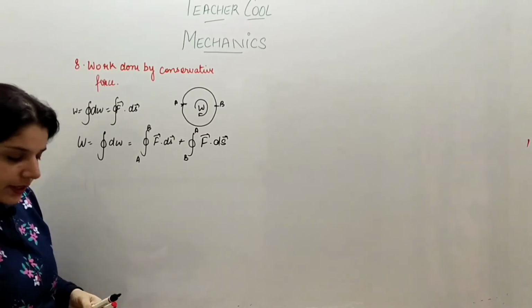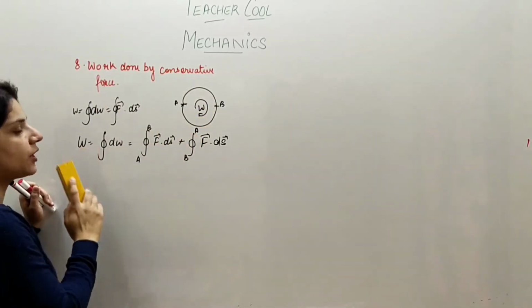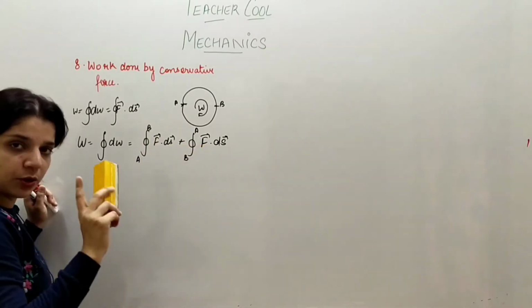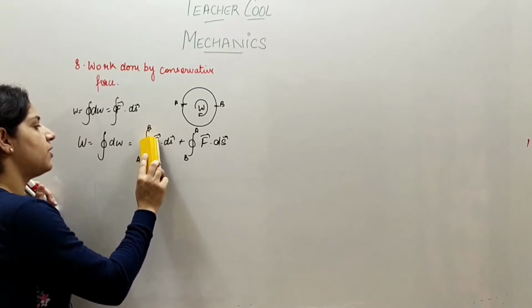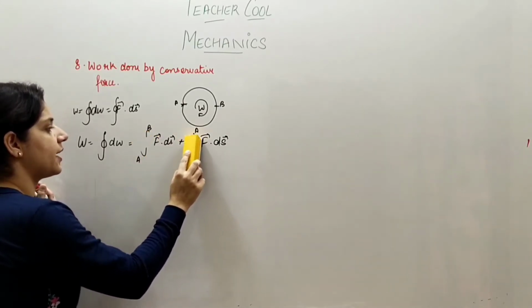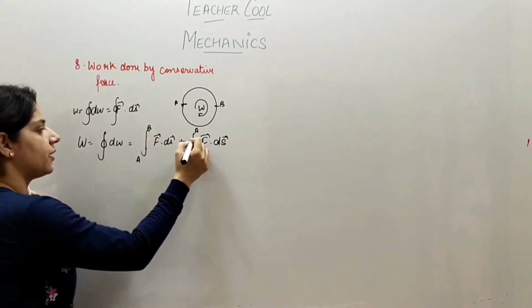Now one point is, when I was considering the complete cycle, I was writing the cyclic integration. But since I am breaking it into 2 halves, this will no more be a cyclic integration, but it will be a normal integration.